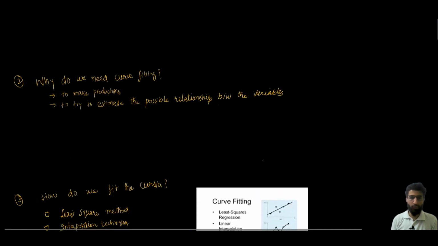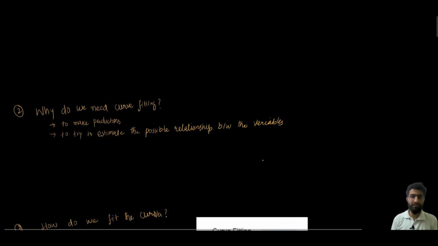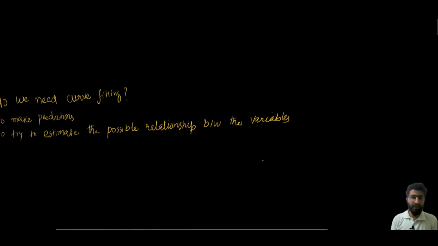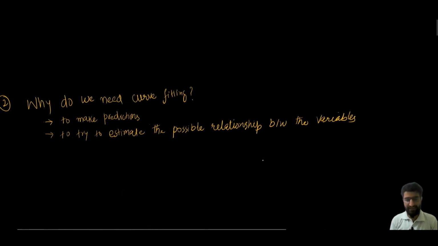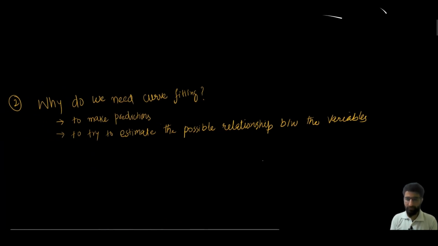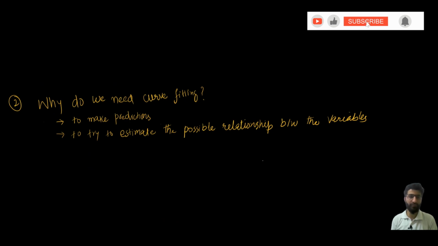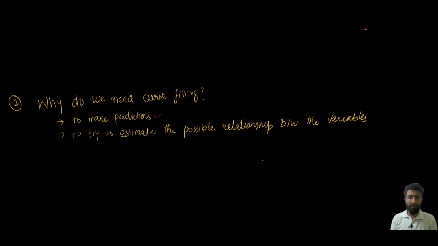The first question we ask is, why do we need to fit a curve to this data set? We did the experiment a few times and we want to predict the next time without actually performing the experiment. That's called making predictions. We also try to estimate the possible relationship between the variables.